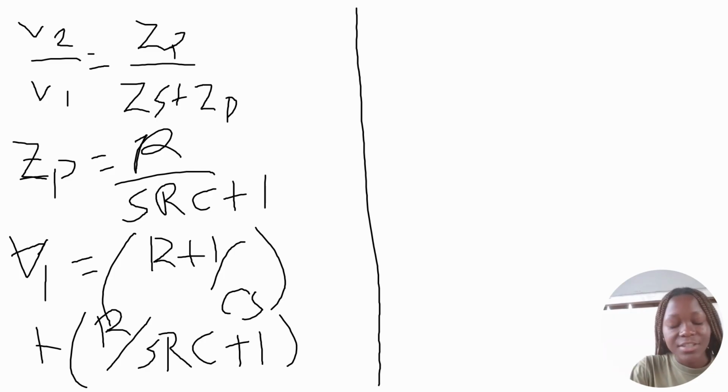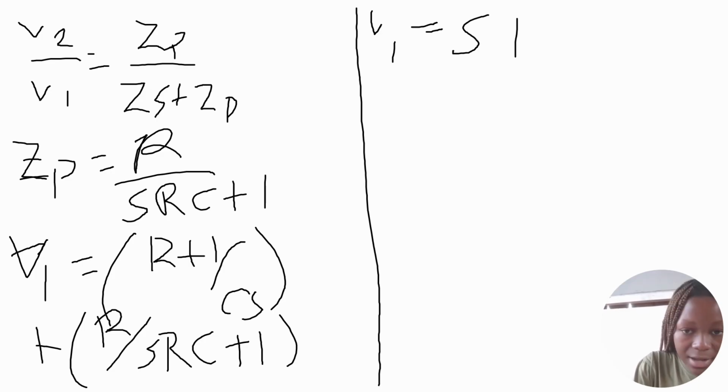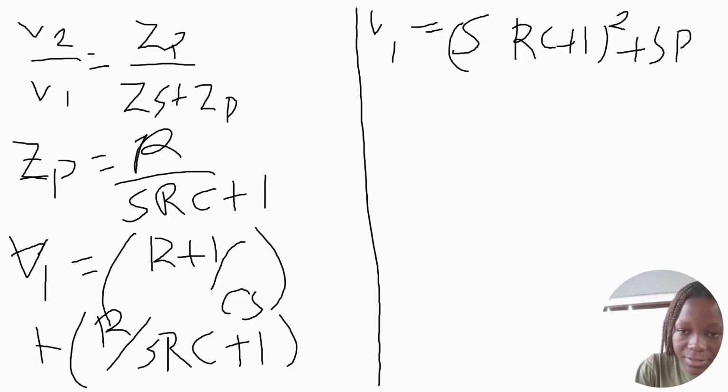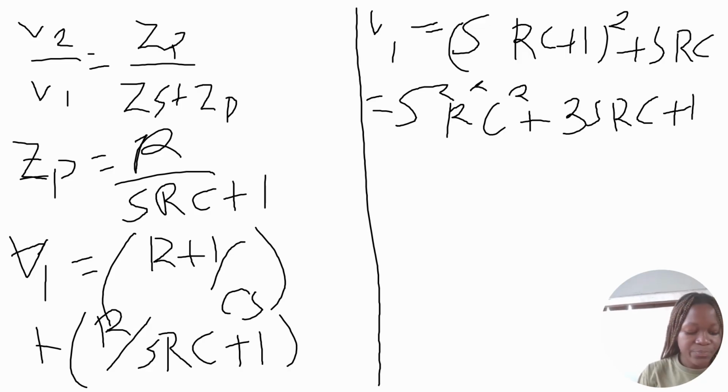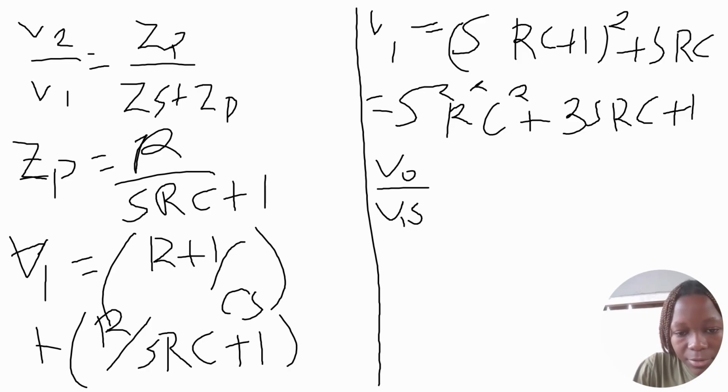So after using our algebra and everything, we can have our V1 to be equal to SRC plus 1 whole squared plus SRC. When we simplify this one, we will get S squared R squared C squared plus 3SRC plus 1.